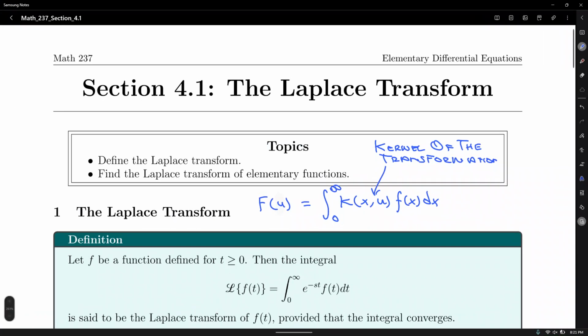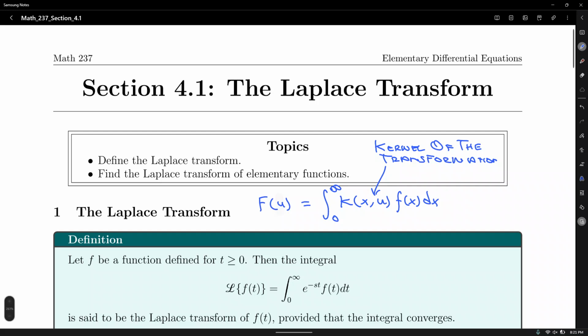In an integral transform, the kernel, also called the nucleus or the integral kernel, is a function of two variables, which is denoted with a K of x and u, or t and s, depending on the variables we use, and that defines the specific transformation being performed.